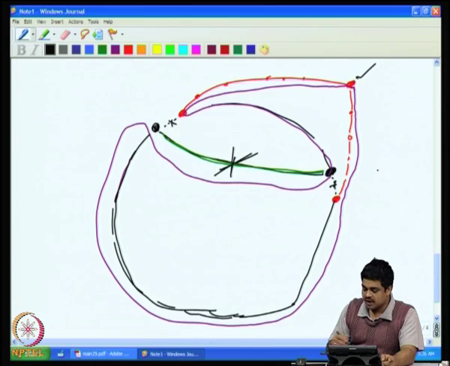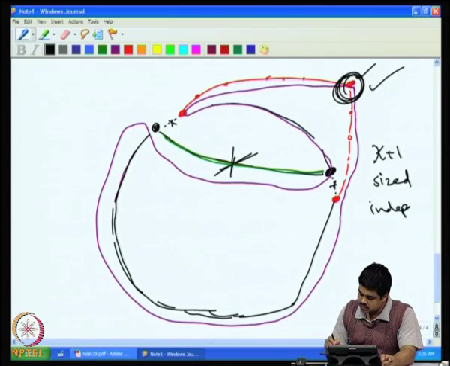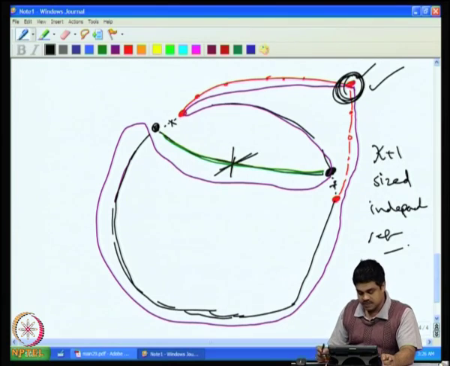So, those many black vertices, plus this vertex, will form a kappa plus 1 sized independent set. Therefore, it is a contradiction to the assumption that alpha was less than or equal to kappa.